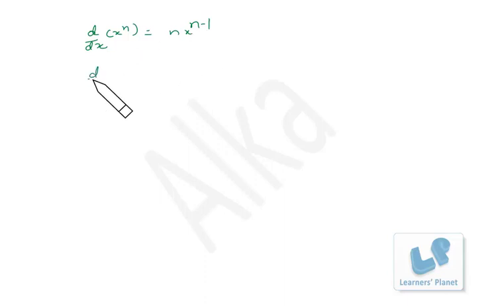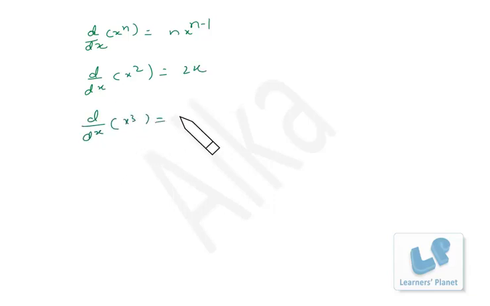So differentiation of x square is 2x, d upon dx of x cube is 3x square, and so on. Right? If you have two terms, maybe x square plus x, if you have to differentiate them, then you need to differentiate them individually. So differentiation of x square is 2x and differentiation of x is 1.